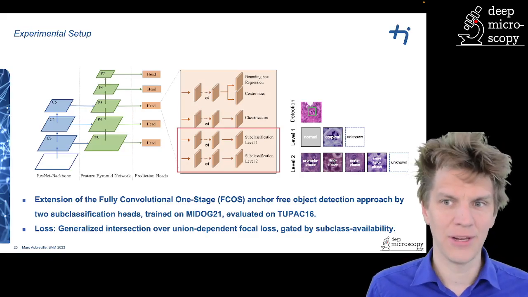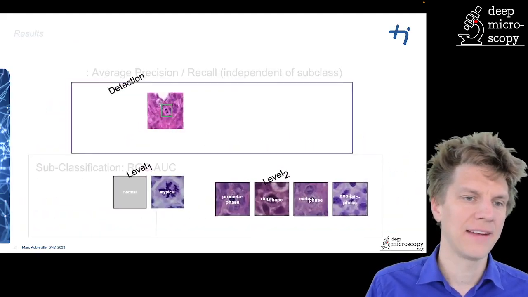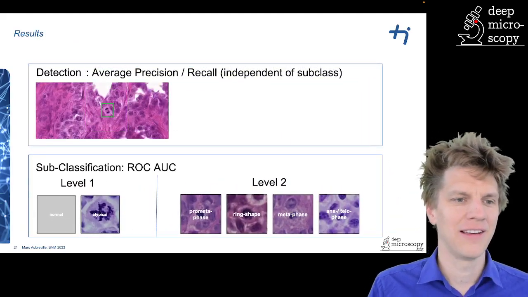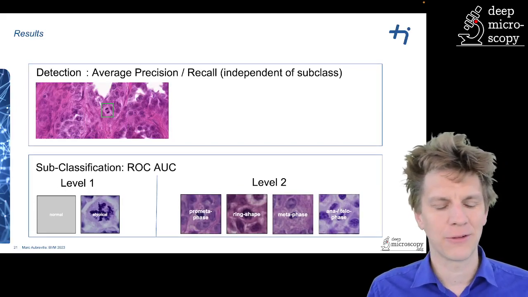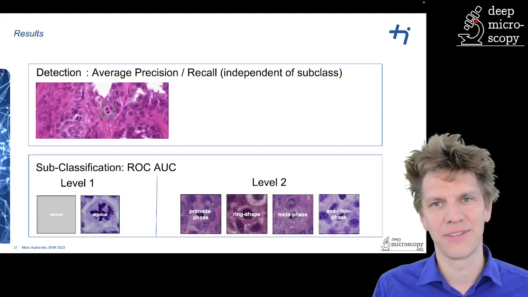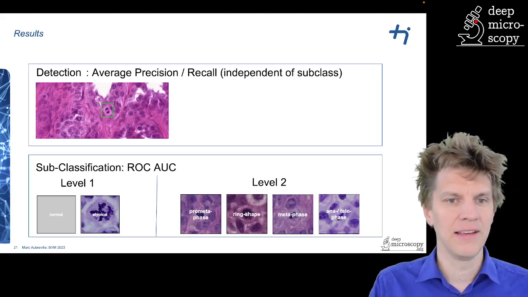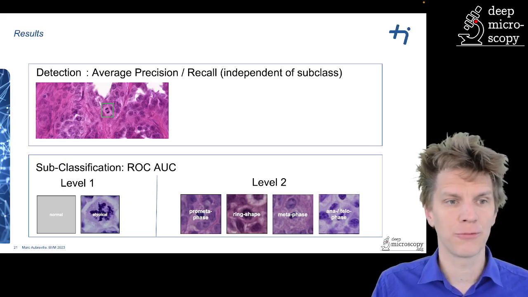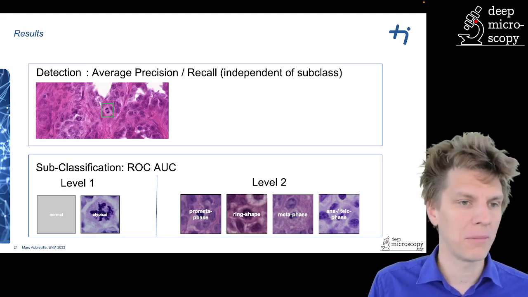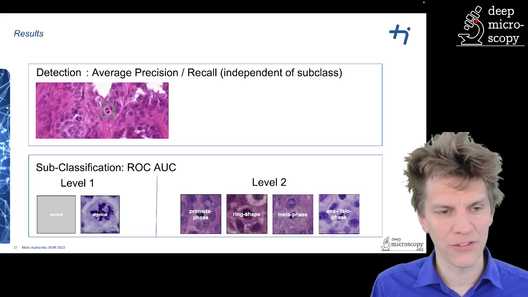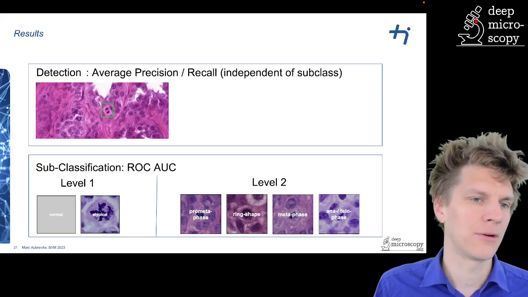All right, so let me come to the results already. Talking about the results, I need to first tell you that we have 2 different kinds of result evaluations that we're looking for. First of all, the detection part is independent of the subclass, because for sure this detector should find all mitoses. It's also a very interesting and decisive question: how many mitoses are there?